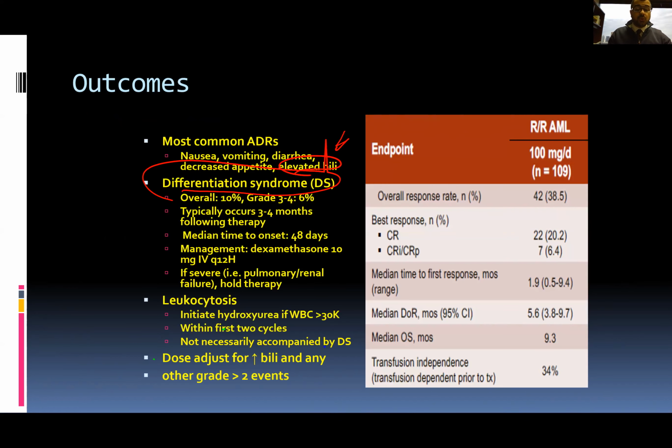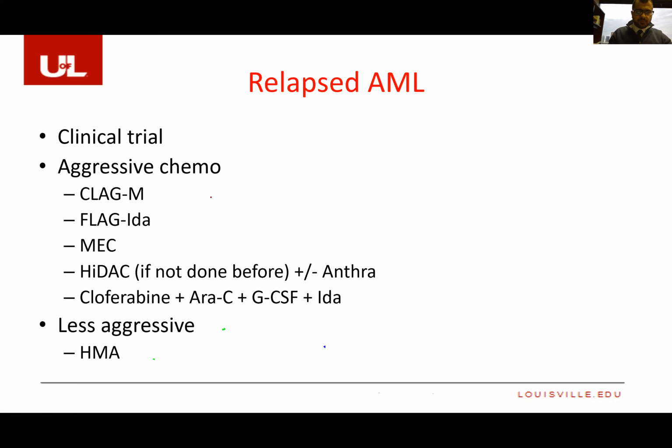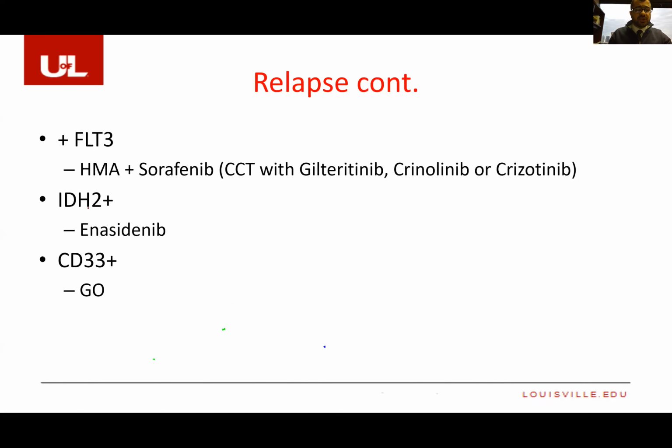Relapsed AML very quickly, aggressive chemotherapy, use all these combinations of chemotherapy for it, either cladribine, fludarabine, or mitoxantrone etoposide-based regimen, or clofarabine if you feel like treating it. That way, if you can't go an aggressive approach, you can use hypomethylating agents.